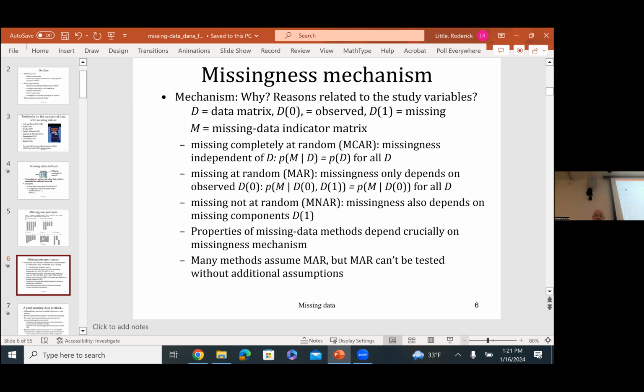So in a sense, you can't really test missing at random. It's kind of a belief or a hope rather than something you can really check. There are methods that do that. Heckman's selection model for selection bias, for example, does have a test for missing not at random, but that's making other assumptions that allow you to identify the model.